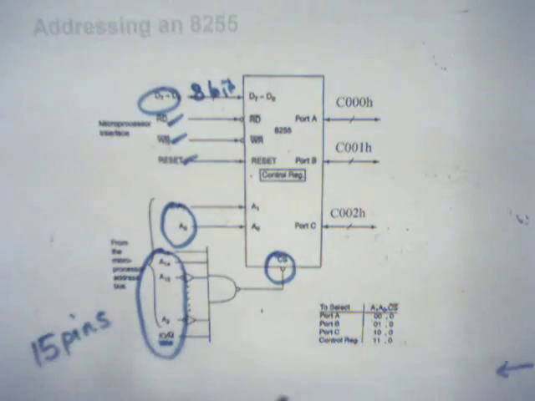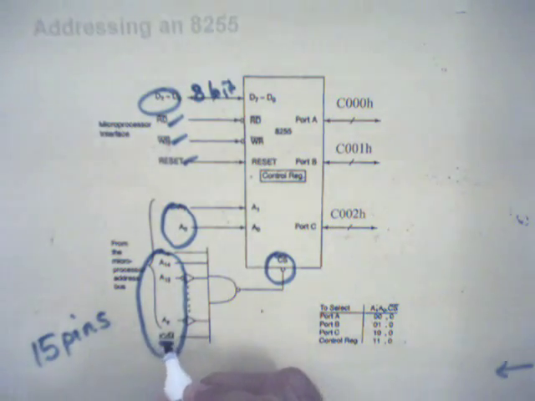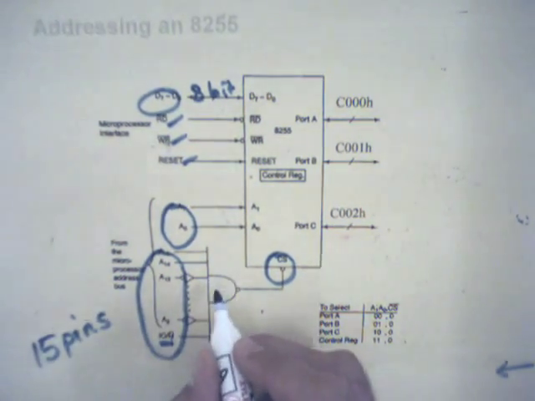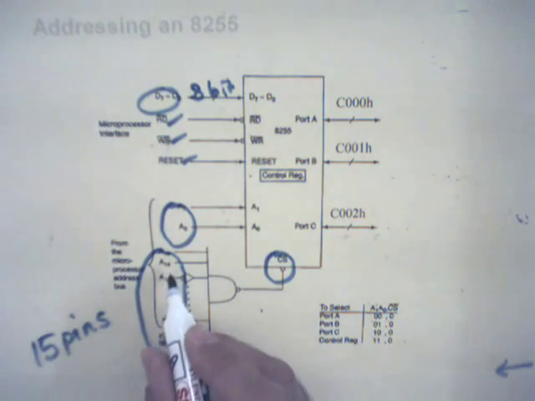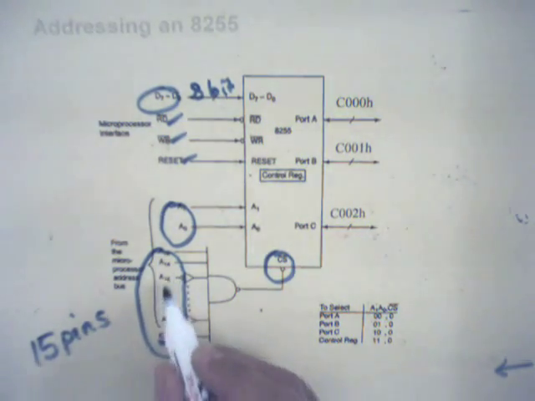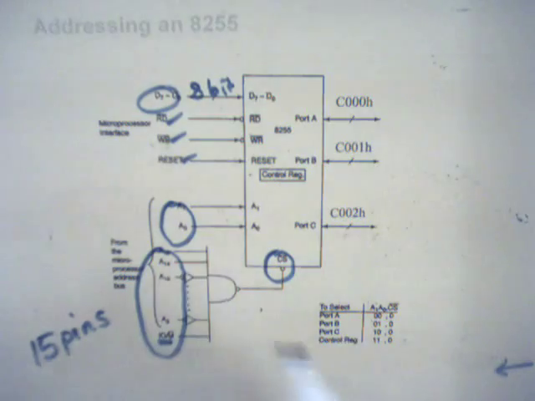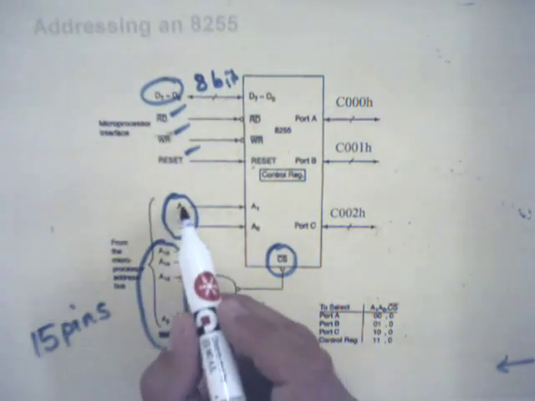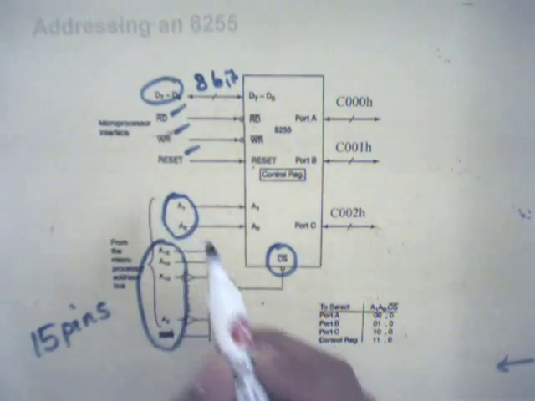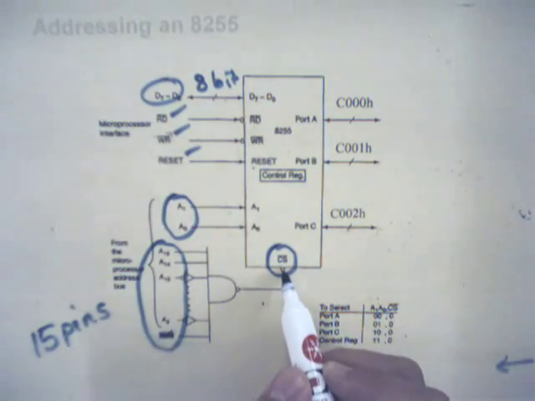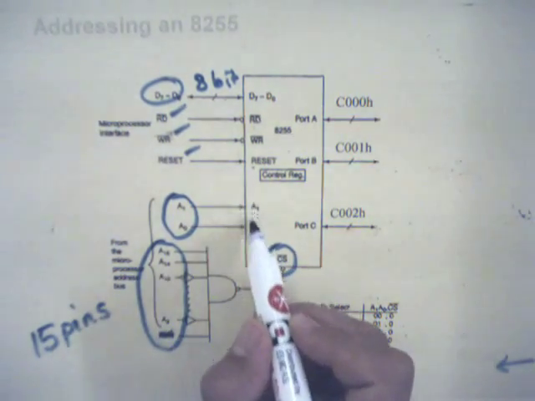Whenever this signal is high, this is good news. Then we look at these address pins. Whenever the address pins are suitable, and including these least significant address pins, the chip select signal becomes 0 and these become 1, and this chip is functional.